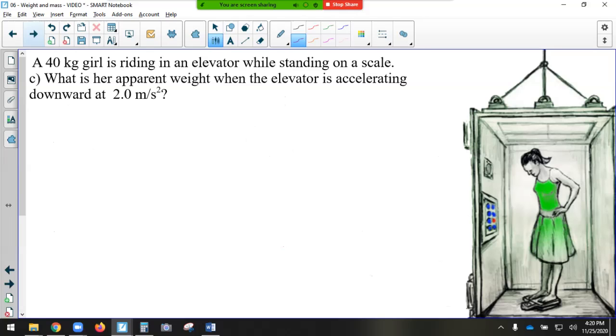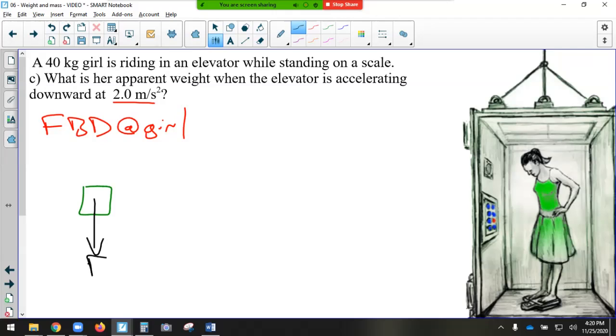Part C, you probably guessed, since now we are accelerating downwards at 2 meters per second squared, our free body diagram of the girl is going to look slightly different. Now we are accelerating downwards.